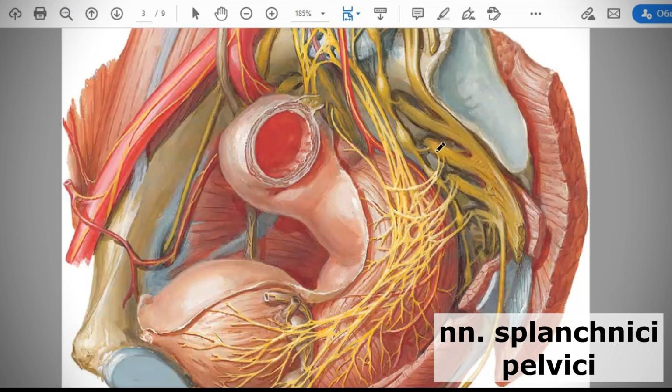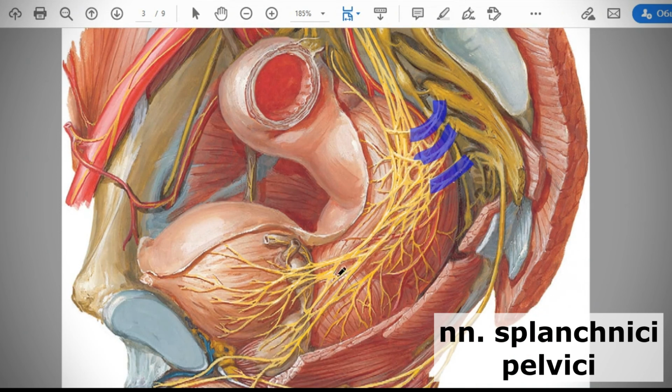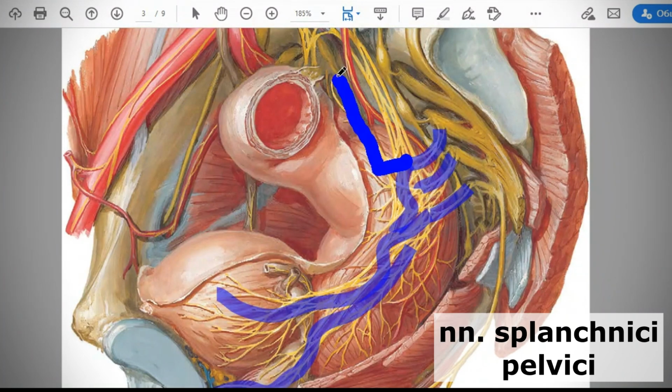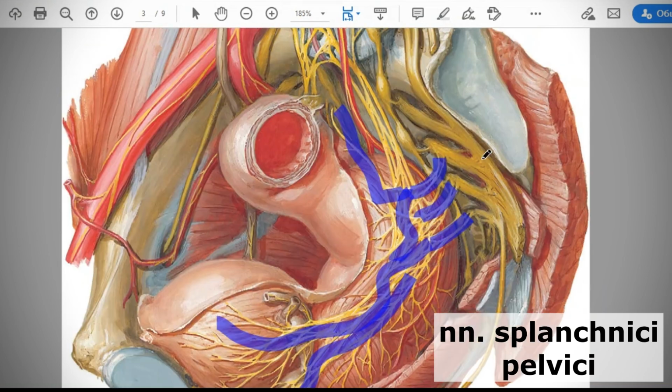Here's your sacral plexus, and this is nervi splanchnici pelvini, these parasympathetic preganglionic fibers that enter here. It is plexus hypogastricus inferior, they enter this plexus and reach your urinary organs and genital organs, and also rectum and sigmoid colon, and descendens.